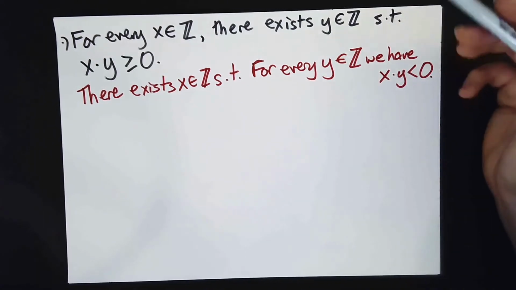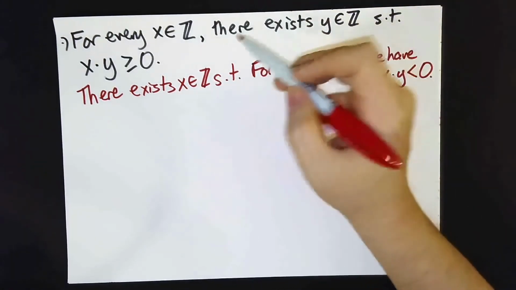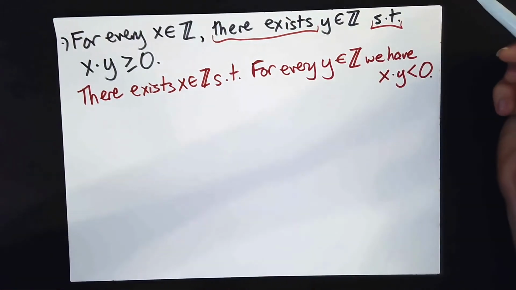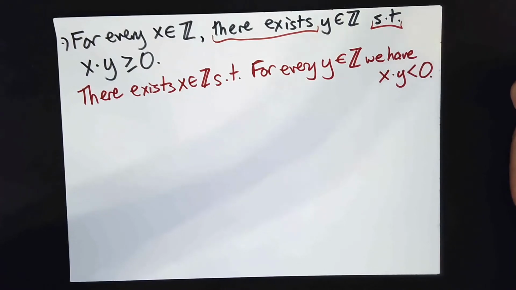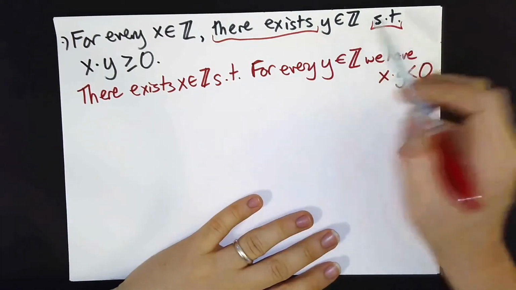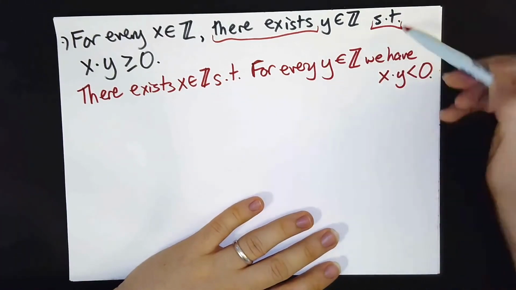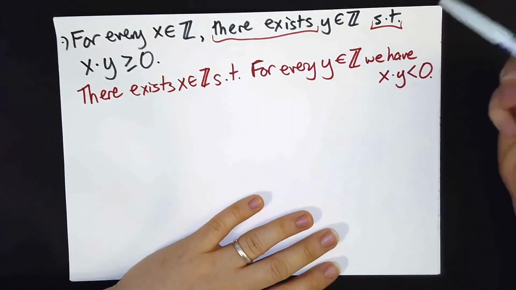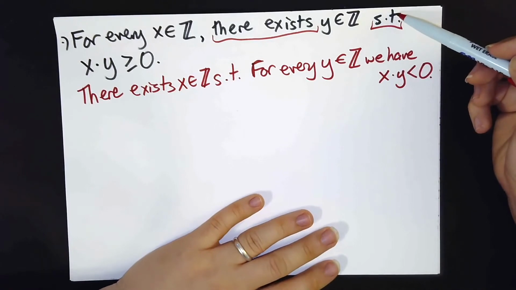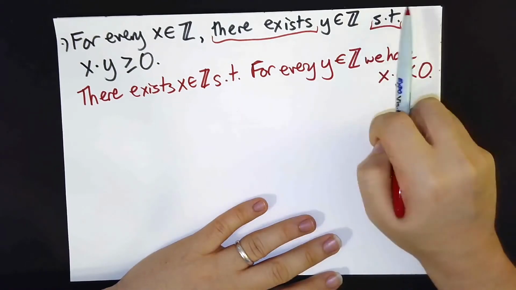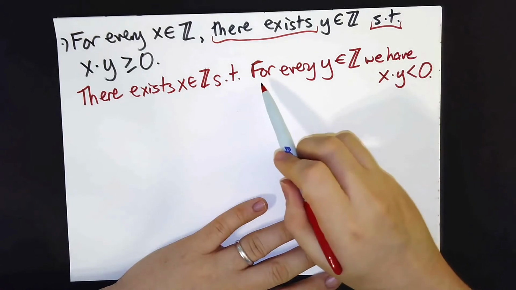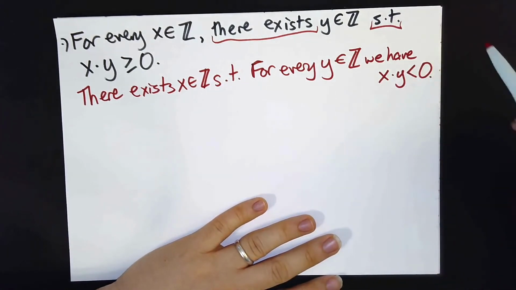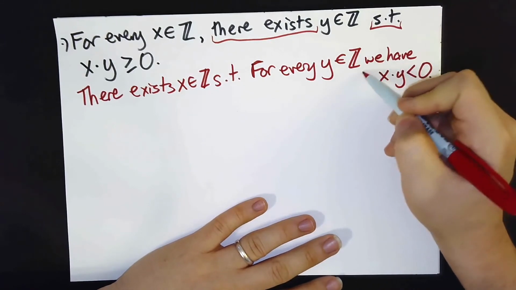Note a couple things. First of all, remember that there exists phrase carries along this such that. It's like a ne pas in French when you're negating something, if you like. But make sure when you write out your second line, you throw away the such that, because the such that was there to complement that there exists, so we don't want to have that there. Now, often that will make things slightly linguistically awkward. So, for example, if we said for every y in Z, x times y is less than 0, sometimes you can just put a comma there.